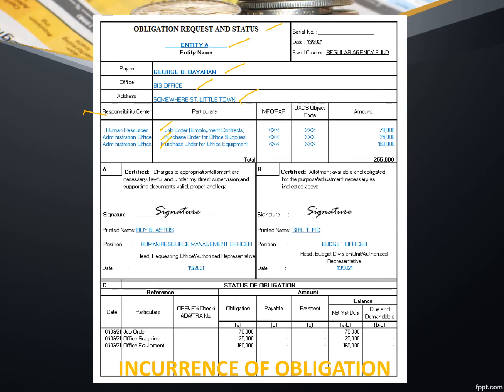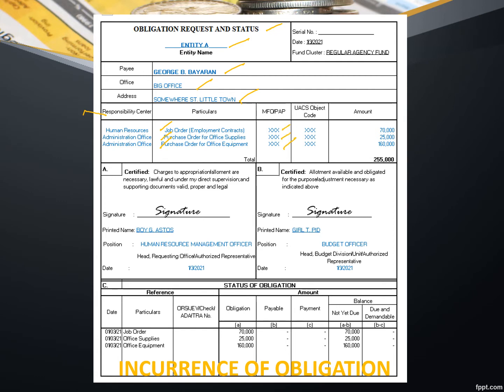Kasi for example, yung job order for the employment contract na nag-request nun is human resources. For the office supplies and office equipment is the administration office. Nilalagay lang dito yung ating major final output or yung program and projects kung saan man siya related.